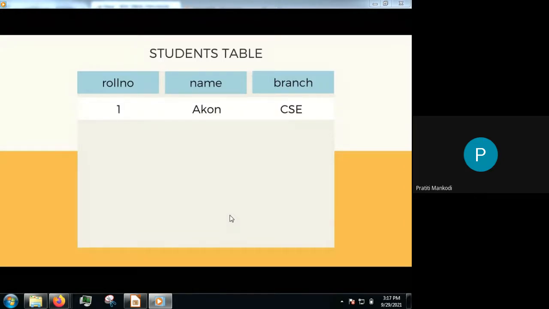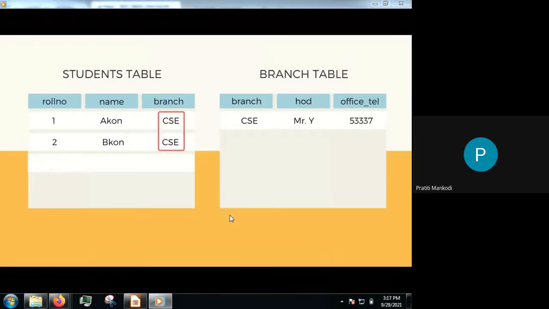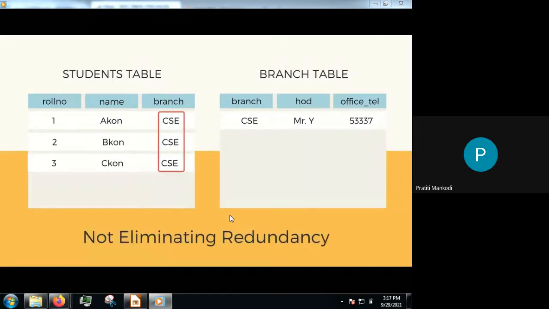And here the common thing is branch. We cannot eliminate it.